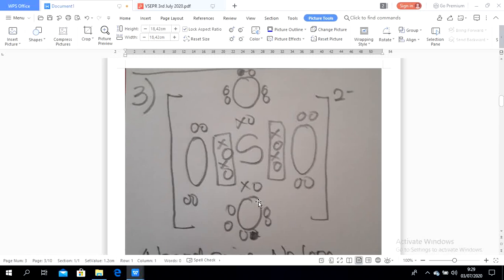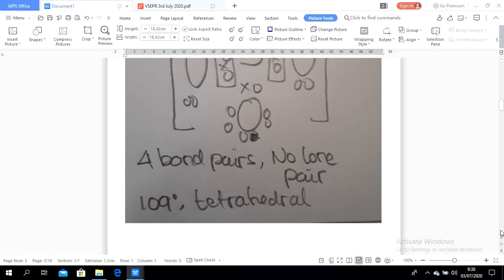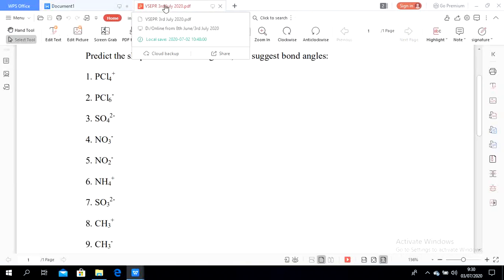Let's count the electrons around oxygen here. There are 8: 1, 2, 3, 4, 5, 6, 7, 8. Over here also the same 8 electrons around oxygen. So it means there are 4 bond pairs and 0 lone pairs. So the angle is 109.5 degrees, and the shape is tetrahedral.